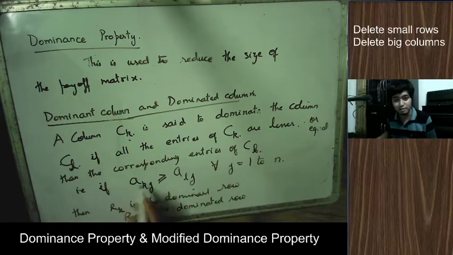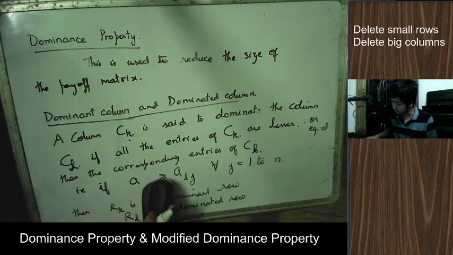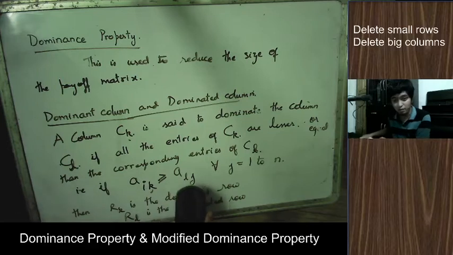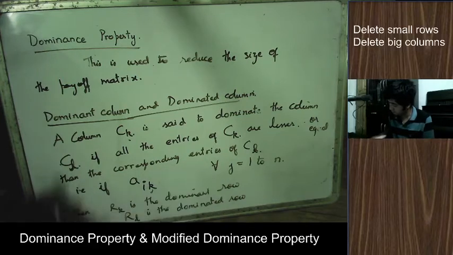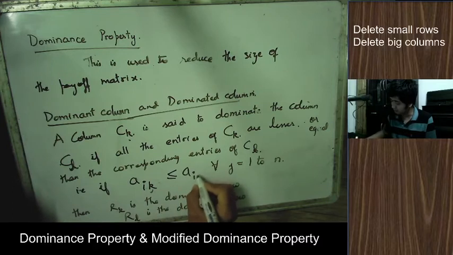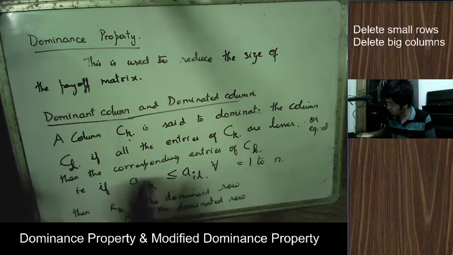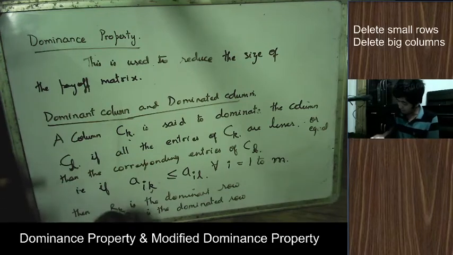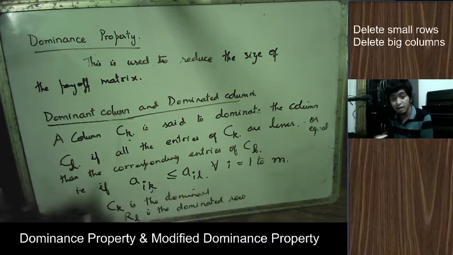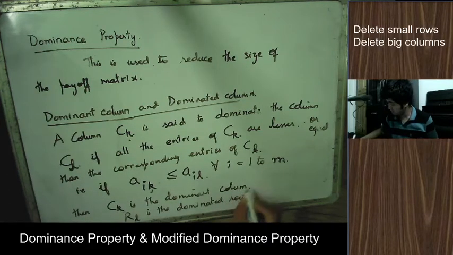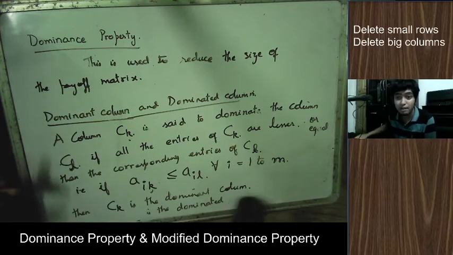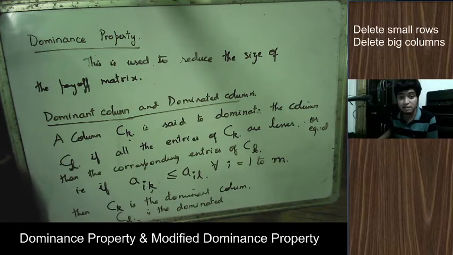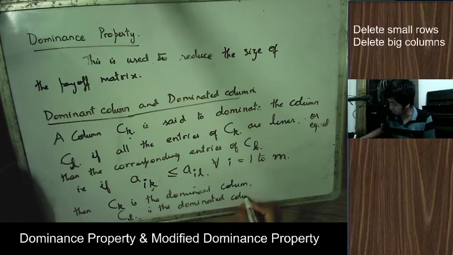If we want to write it in this notation, we can write aik smaller or equal to ail for all i equal 1 up to m. So over here we can say that Ck is the dominant column and Cl is the dominated column.